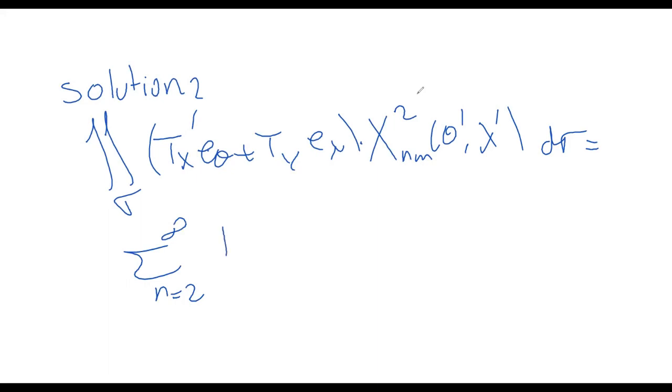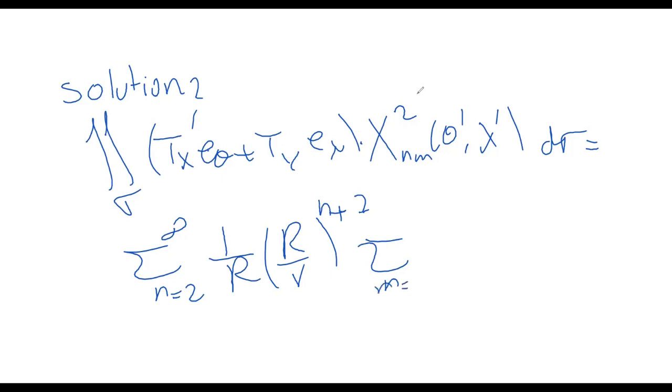1 over R will be R m+2 and m, and it will be x and m.